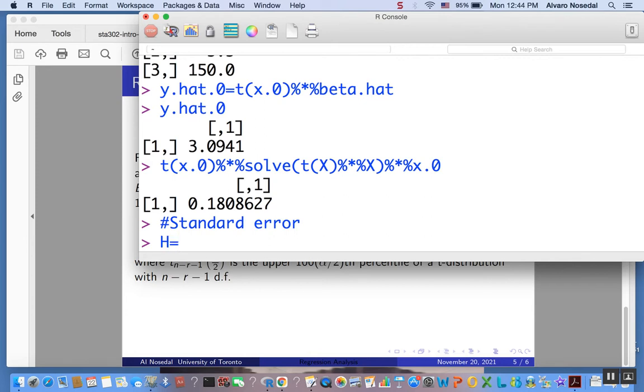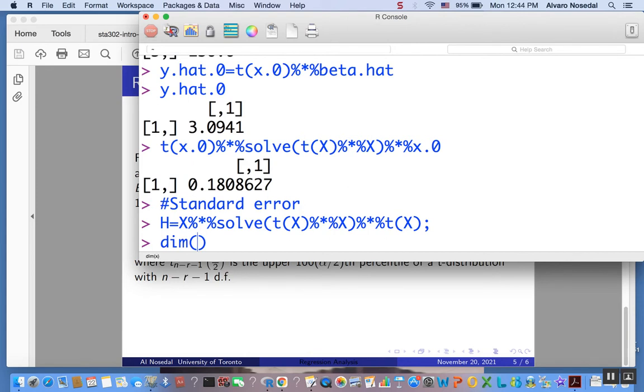H, remember, is defined like this: X times X transpose X inverse, with matrix multiplication, times X transpose. Let's see the dimensions of H. Since we have 12 observations in this case, H should be 12 by 12.